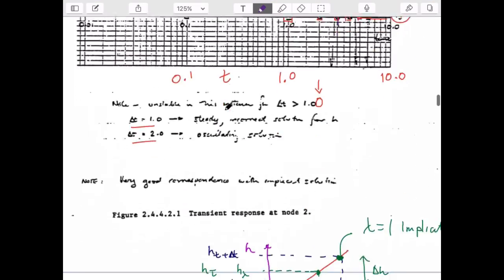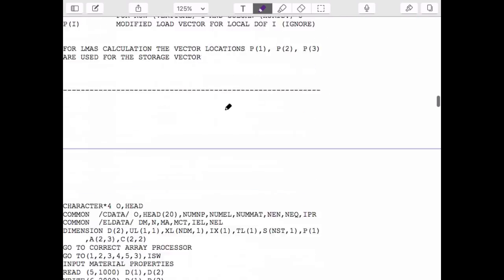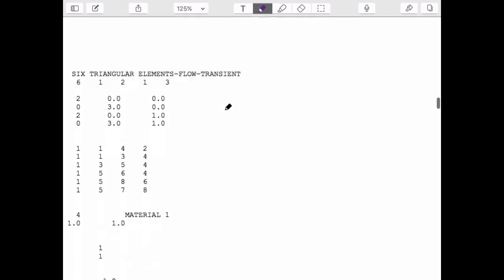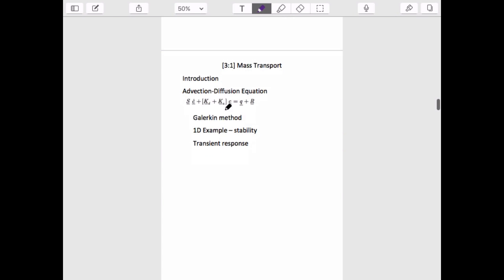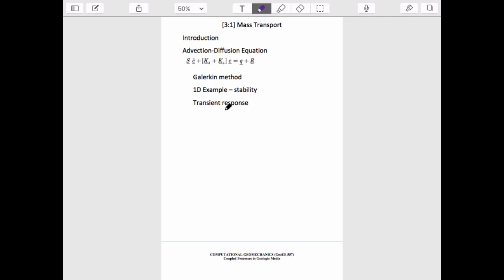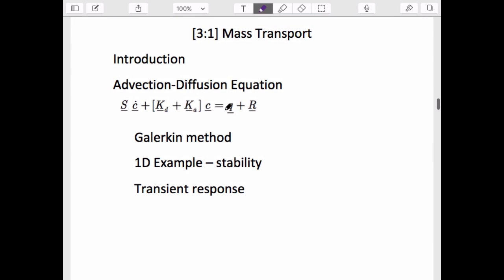As we forge ahead, the next iteration is where we still haven't solved all the transport problems, because we haven't solved for heat flow and mass transport.